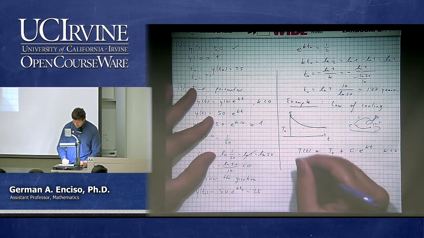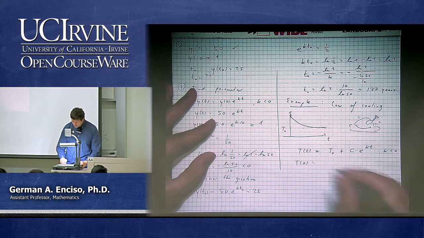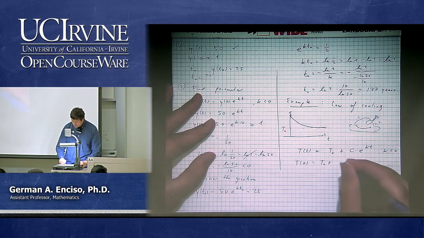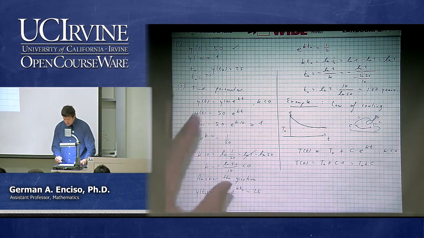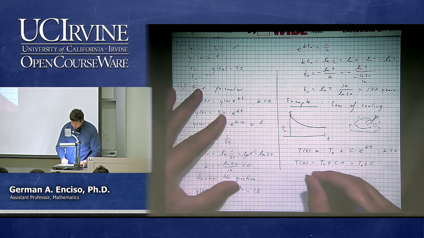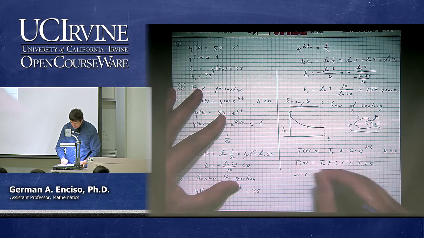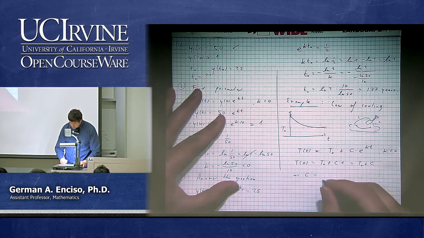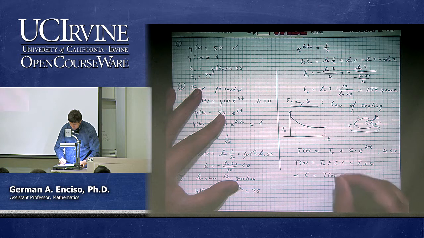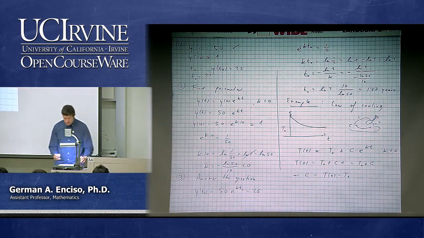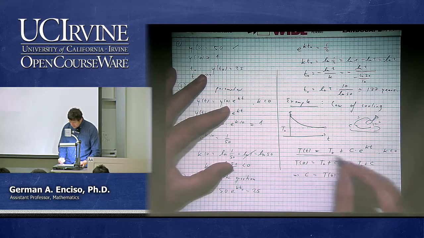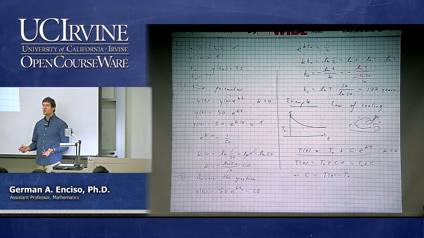In fact, T of 0 is equal to T0 plus C times 1, which is T0 plus C. So that means C is equal to T of 0 minus T0. No matter. Just think about this equation as the equation for a turkey that's cooling down.